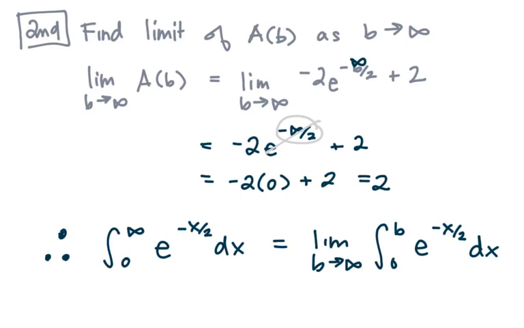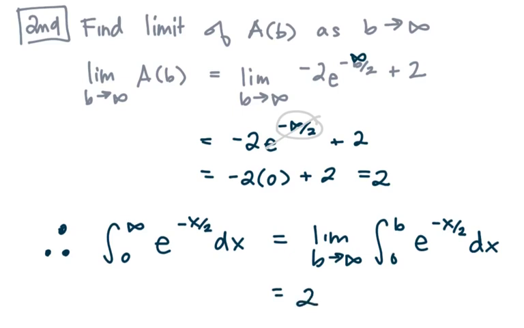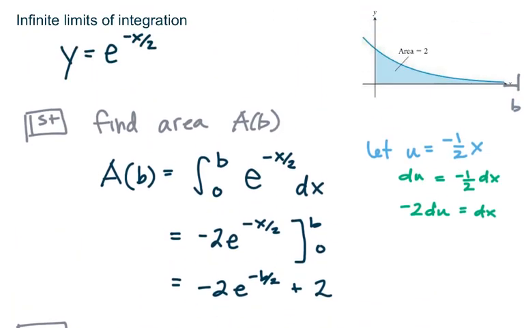In that case, both of those are equal to 2. So what I've written here is an example of an improper integral. This is an integral with an infinite interval of integration, or infinite bounds. And we can show that it is a finite value of 2, which is what we stated in this picture over here.